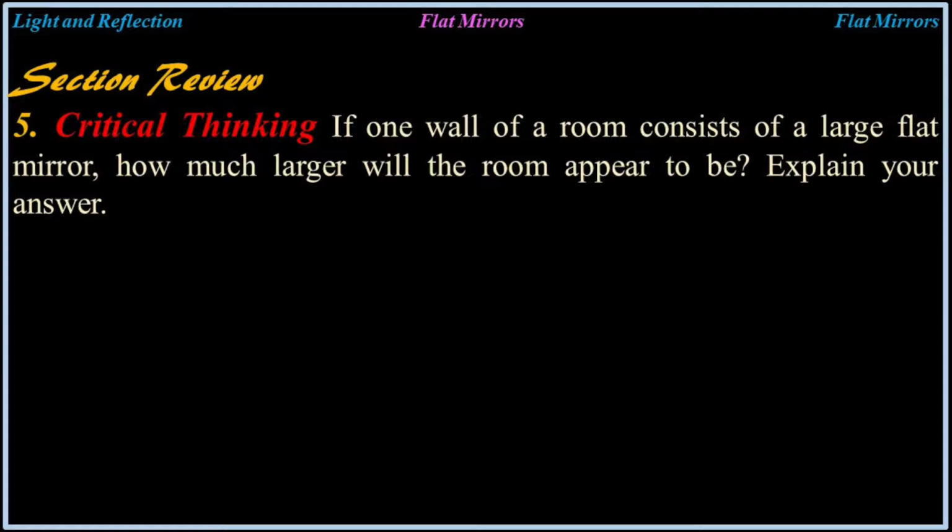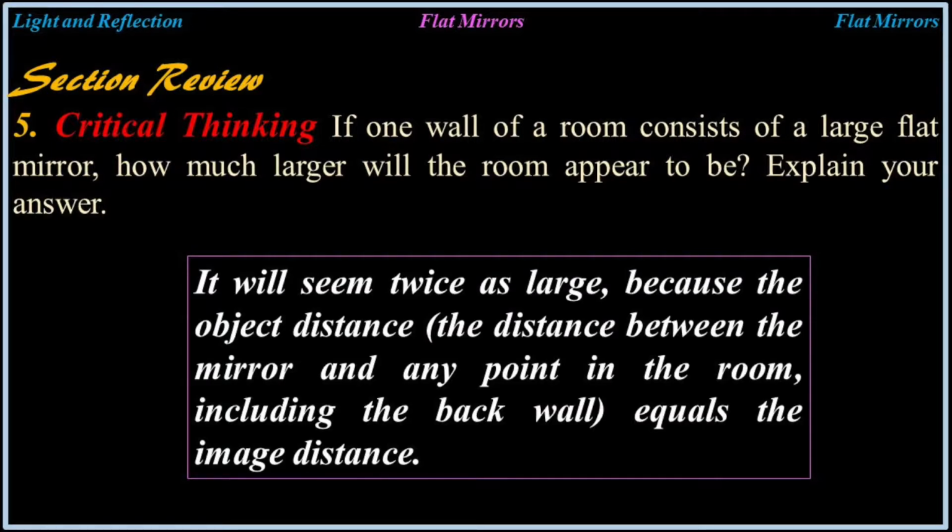If one wall of a room consists of a large flat mirror, how much larger will the room appear to be? Explain your answer. It will seem twice as large because the object distance, the distance between the mirror and any point in the room including the back wall, equals the image distance.